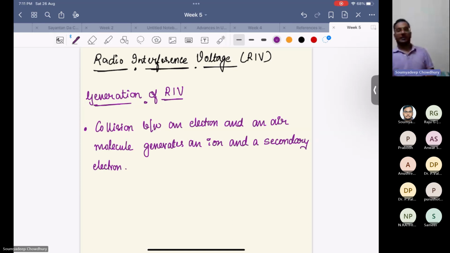These multiple electrons, as I was telling, are known as secondary electrons. So a collision between an electron and a neutral air molecule will generate another ion, that is an ionized particle, and a secondary electron.